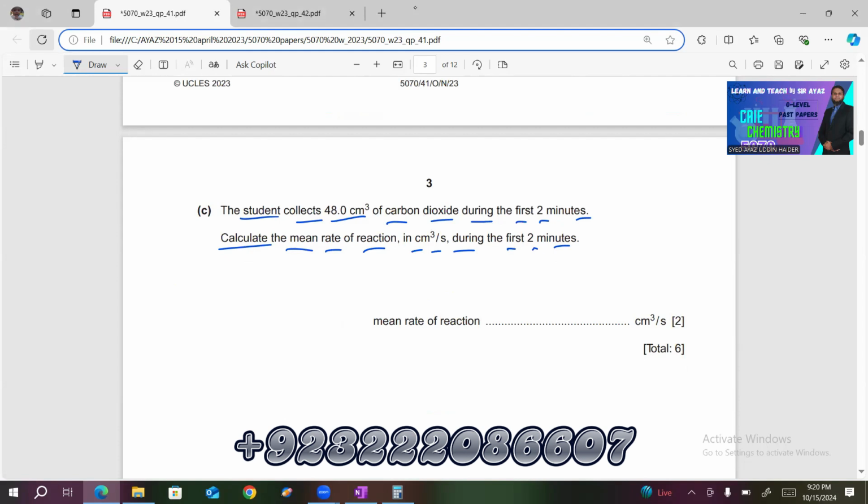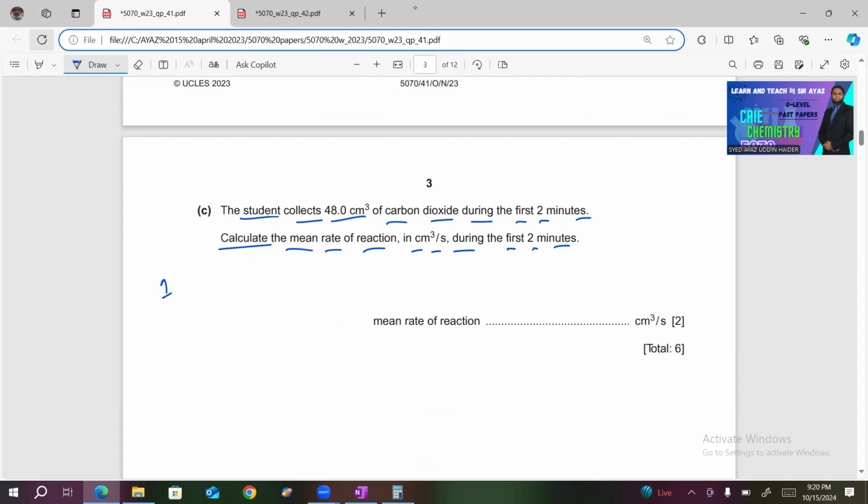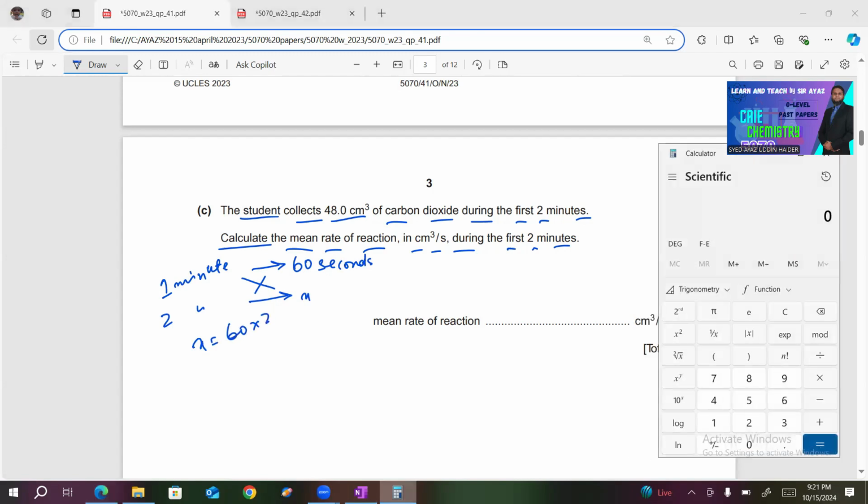You know that in 1 minute, there will be 60 seconds. Therefore, 2 minutes, x seconds. So x is equal to 60 multiplied by 2. What you will get? You will get 120.